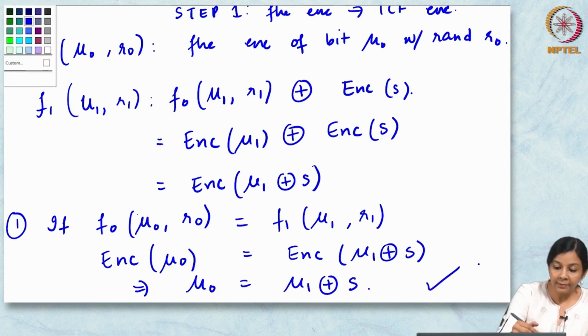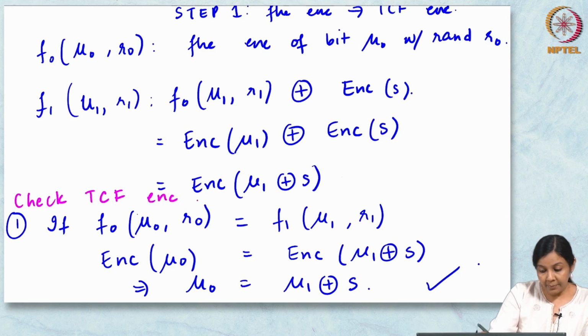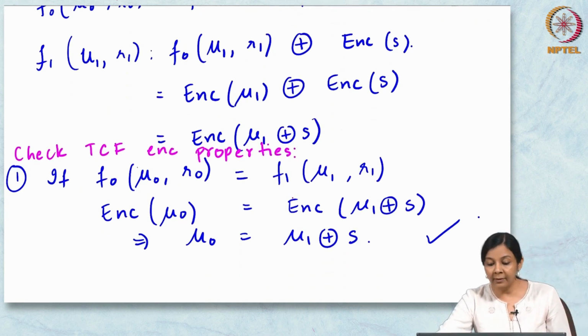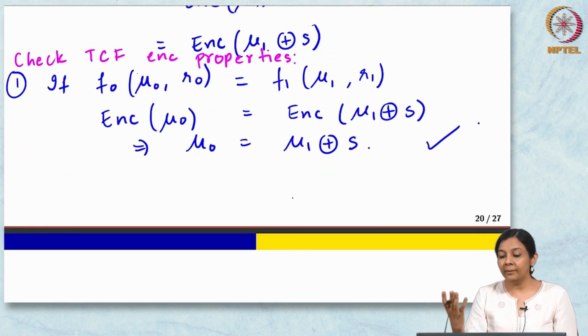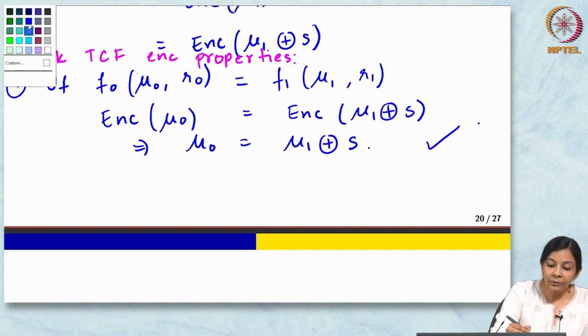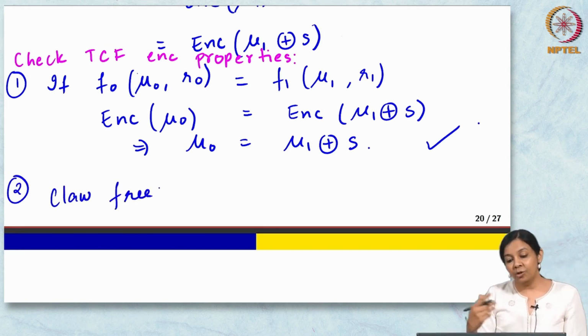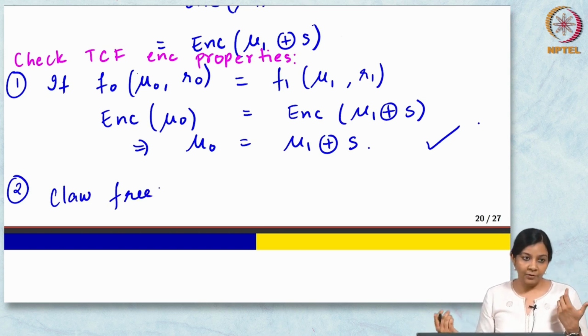Let me write here for clarity, checking the TCF encryption properties. The very first property is that it is actually encoding S. Now, I also need other properties. It should be claw free. That means it should be hard to find mu 0, r 0, mu 1, r 1.